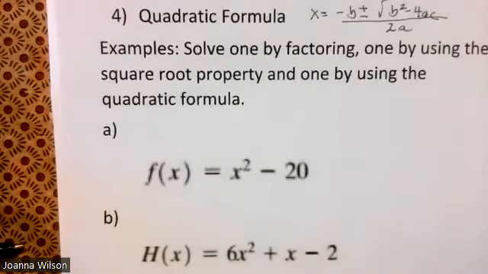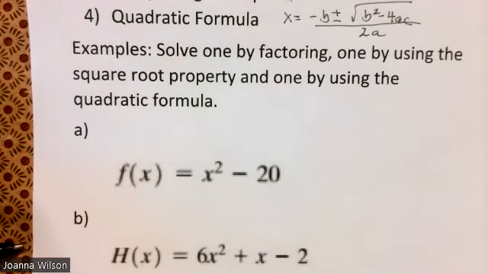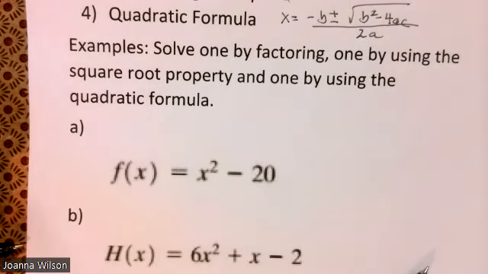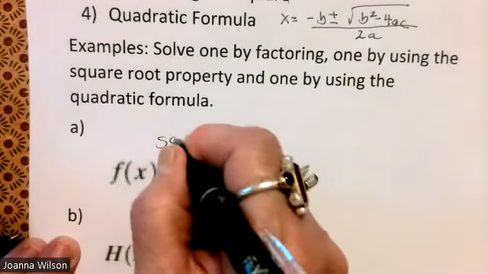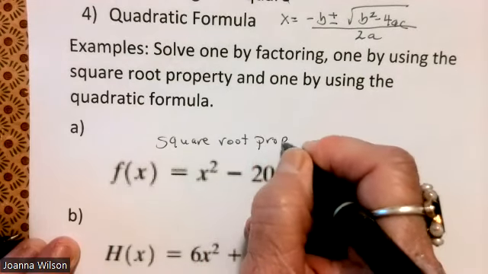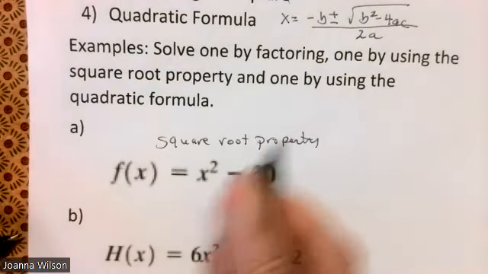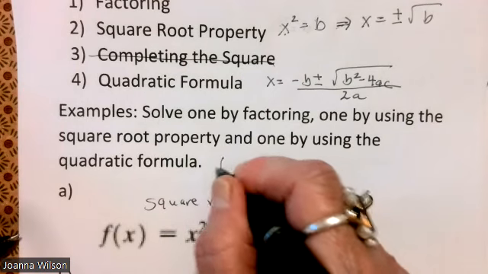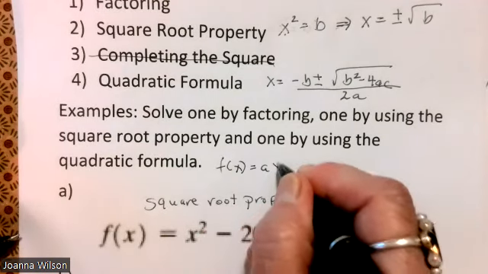So I've got these quadratic functions down here, and I want to solve one by factoring, one by using the square root property, and one by using the quadratic formula. This one would be the one you would use the square root property on, when it doesn't have the x term in the formula for the quadratic function.